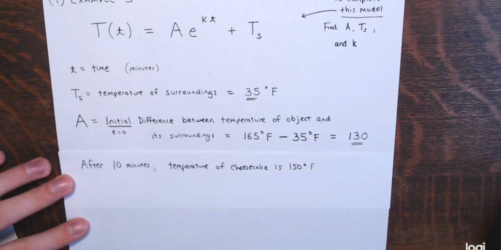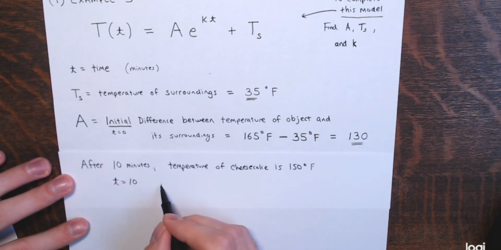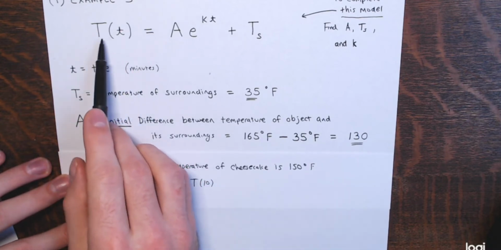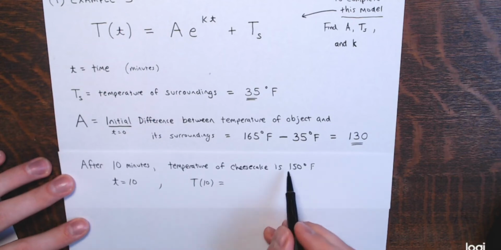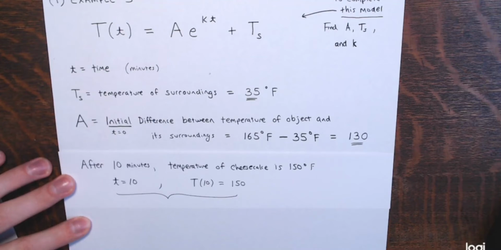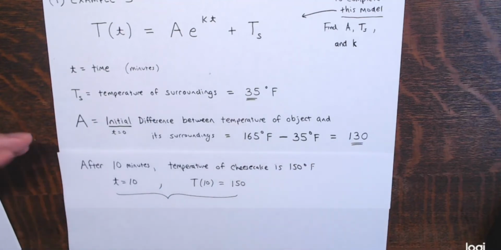So this means when t equals 10, capital T of 10, that'll be the left side of the model, the output, is 150. So I'm going to use this pair of numbers, 10 for little t and 150 for capital T, and 130 for A and 35 for TS. I'm going to use that to find K.